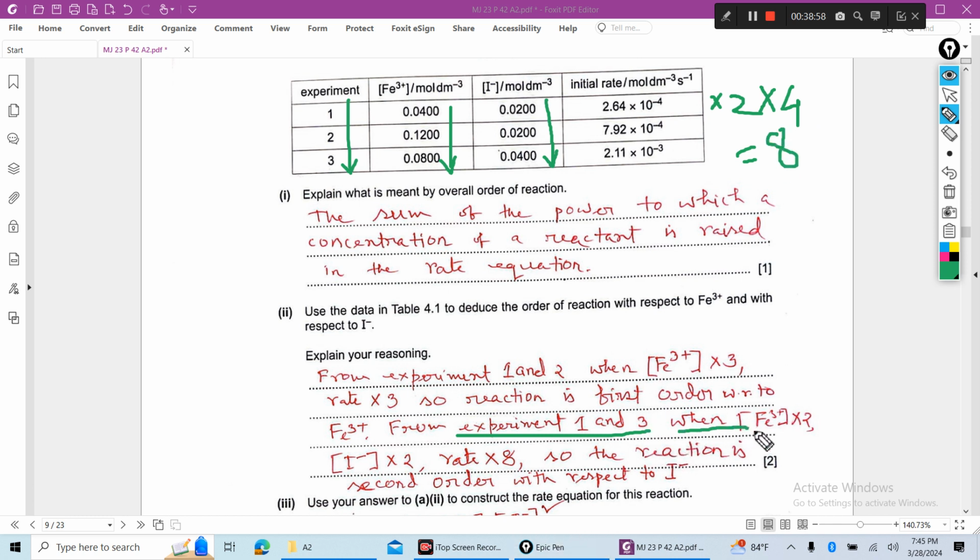So when iron concentration doubles and iodide ion doubles, the rate increases 8 times. That means when iodide ion doubles, the rate increases 4 times. So the reaction is second order with respect to iodide ion.